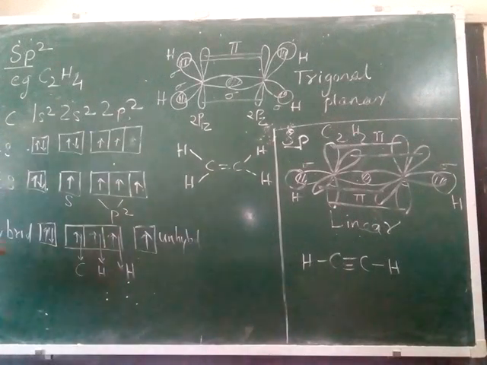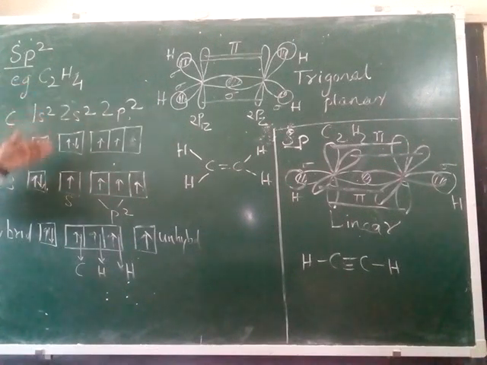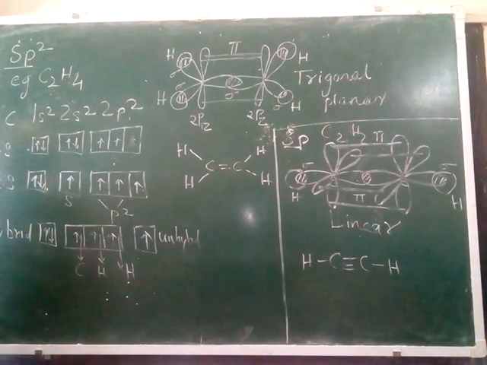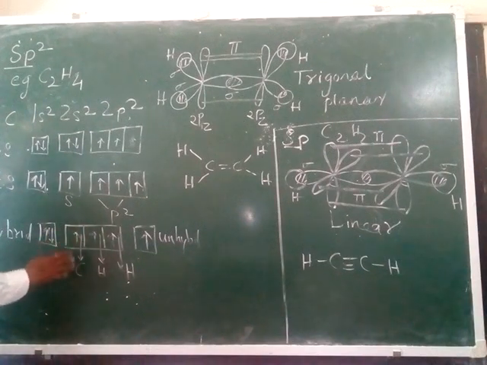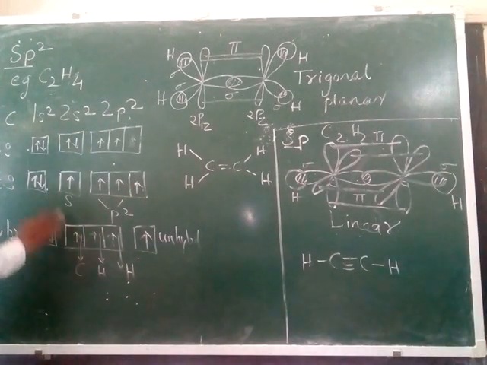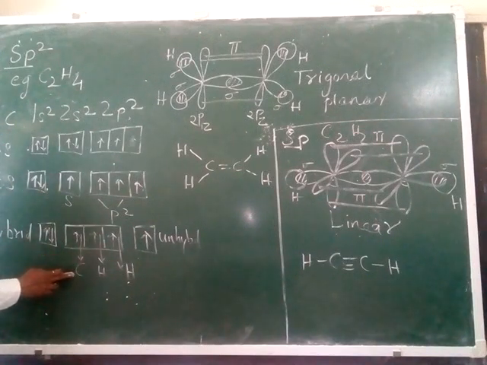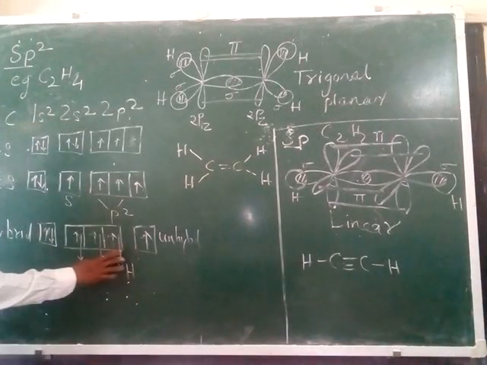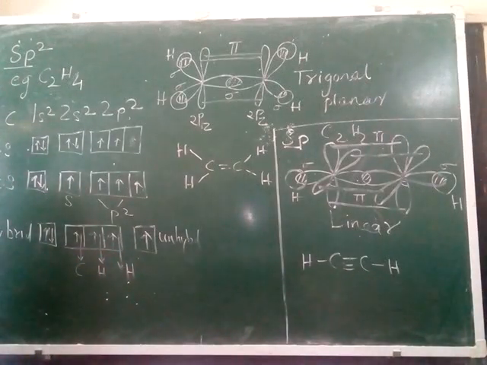So this is the case for the first carbon atom. Similarly, we have the second carbon atom also with the same situation. Okay, so with these 3 sp2 hybrid orbitals containing a single electron, the first carbon atom will form a bond with the second carbon atom, and the remaining 2 electrons will form bonds with 2 hydrogen atoms.